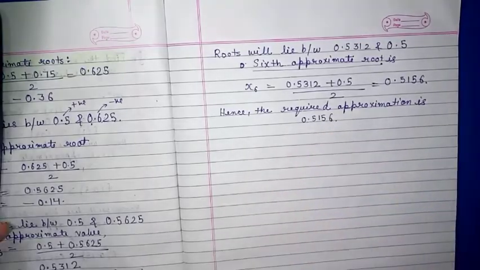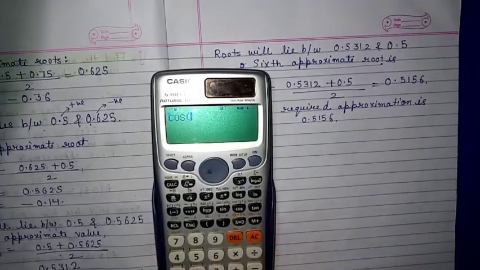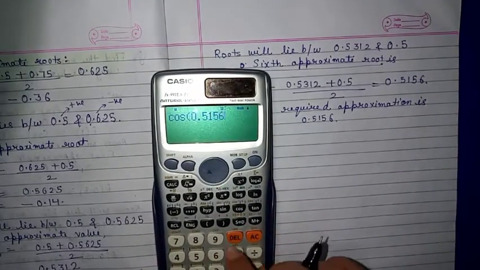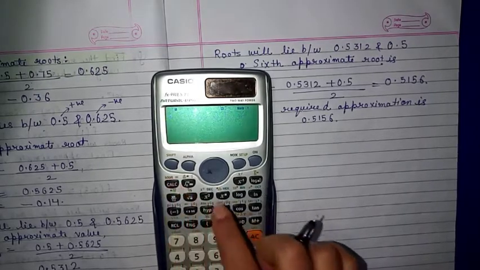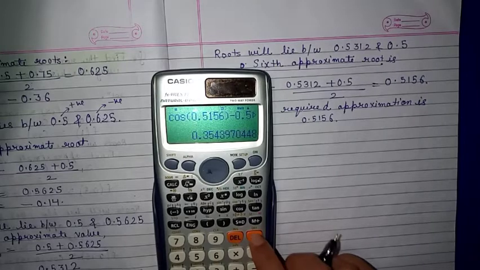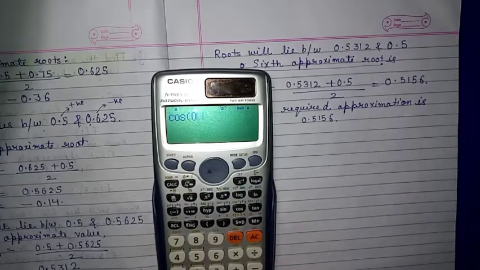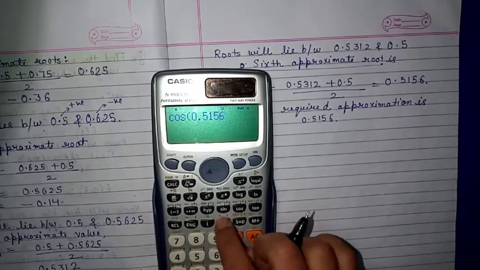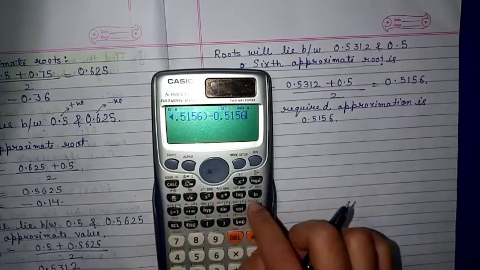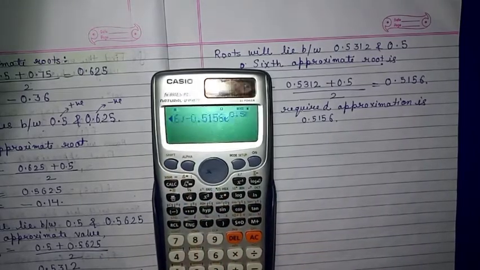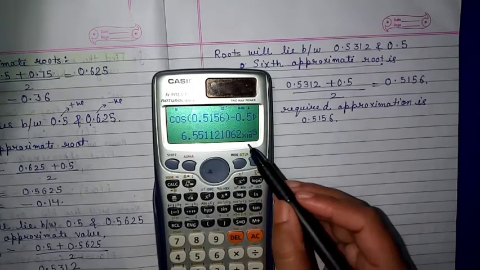0.5156. Meaning at 0.5156, if we substitute cos 0.5156 minus 0.5156 e to the power 0.5156, it comes to the order of 10 to the power minus 3.